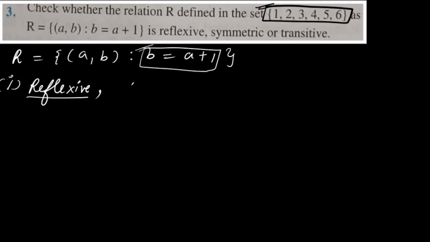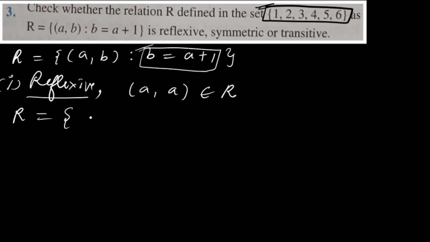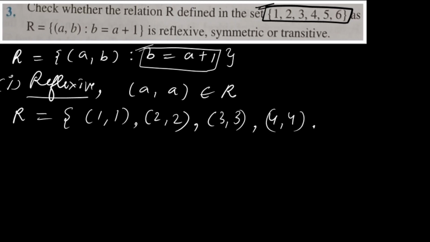Why? Because we know for reflexive, this type of element should belong to R: (A, A) should belong to R. But here, the elements should be taken only from this set, so I should have ordered pairs like (1, 1), then (2, 2), then (3, 3), then (4, 4), (5, 5) and (6, 6).